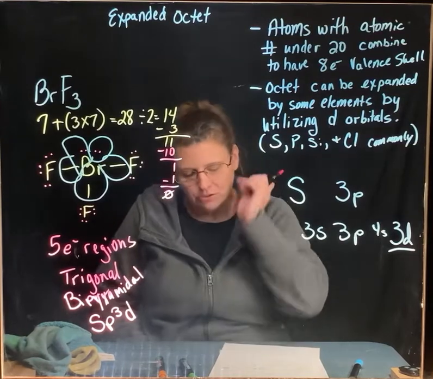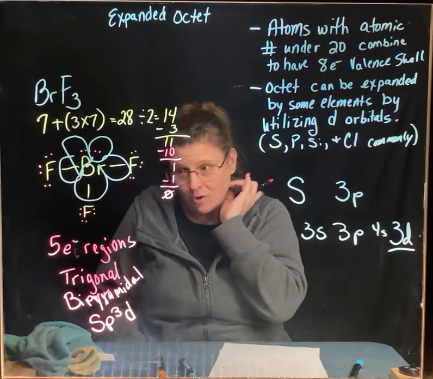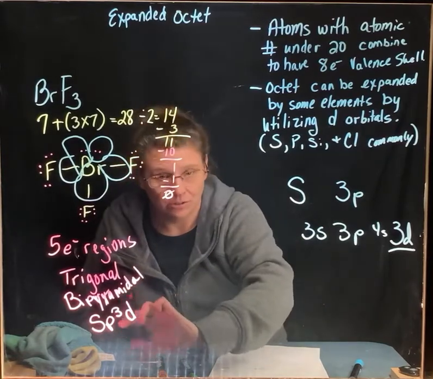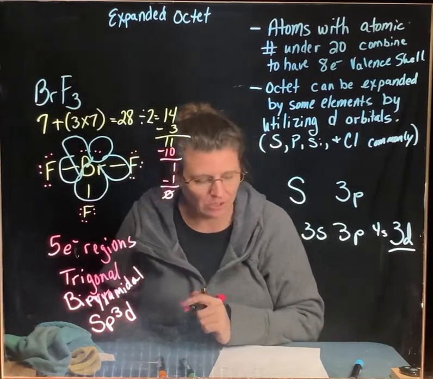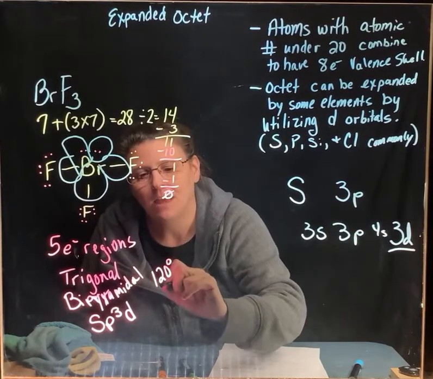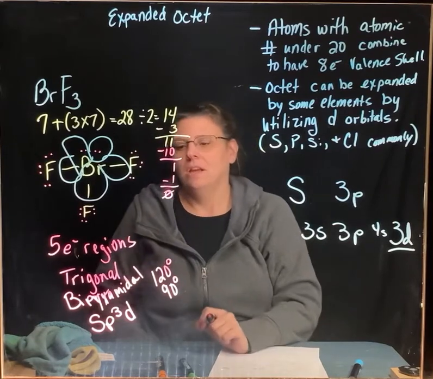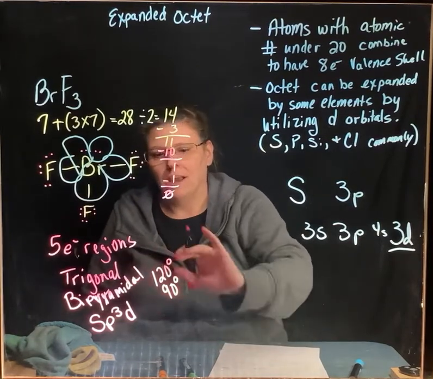You don't need to know how to find it, you just need to know that when you have it, this is your hybridization. And the bond angles on this are 120 degrees and 90 degrees. They both are in there. So 120 and 90.